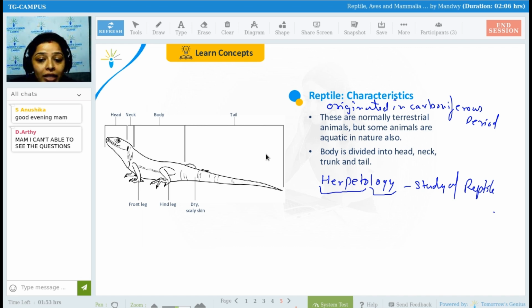These animals are mostly terrestrial organisms. They are the first successful terrestrial animals. There are some exceptions, some reptiles can survive in aquatic ecosystems also, but mostly they are terrestrial animals.